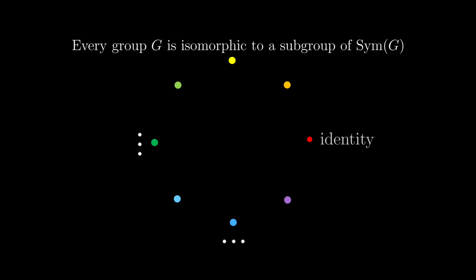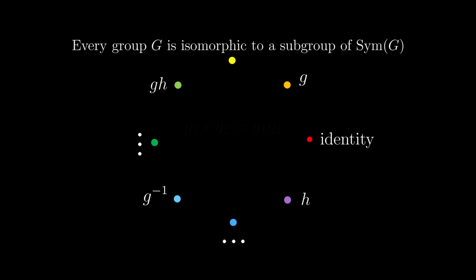So one dot would represent the identity symmetry, and one dot would represent the symmetry G, and there would also be its inverse somewhere, and we also might have another symmetry H, and then we would have GH and so on.